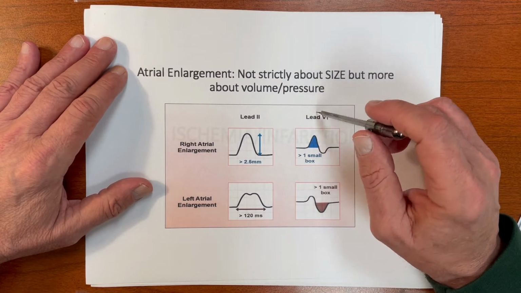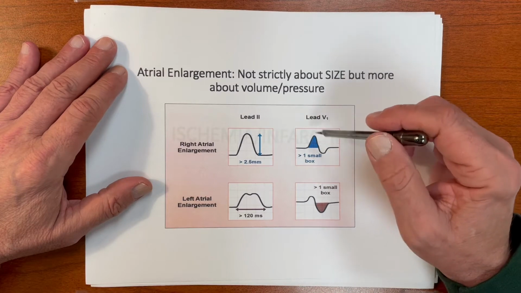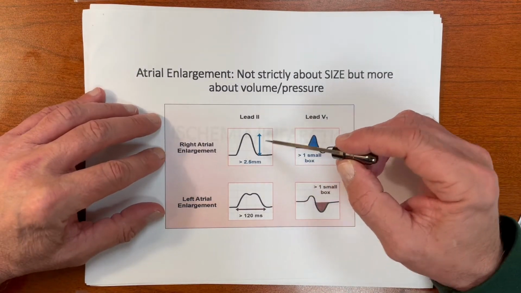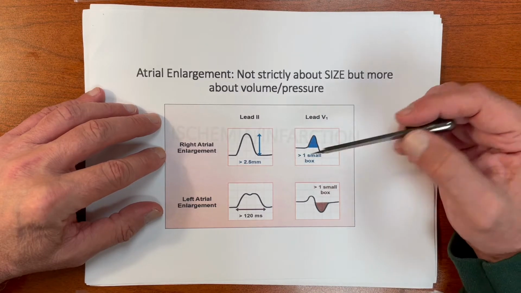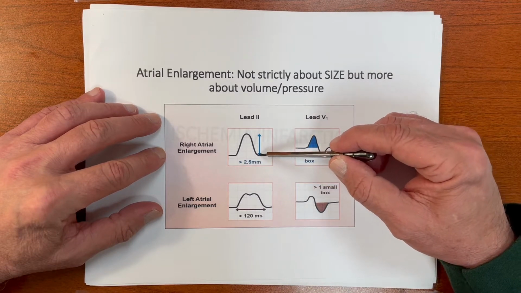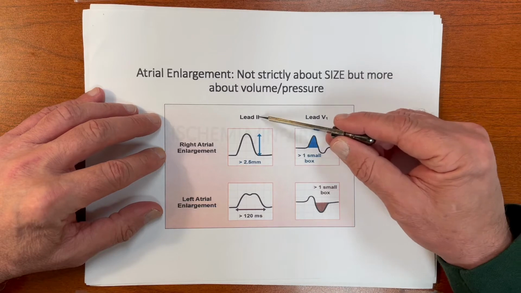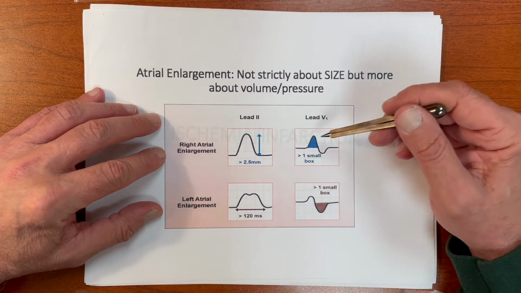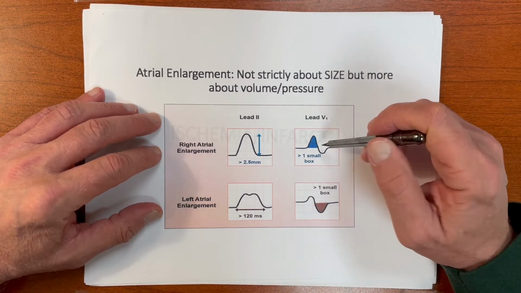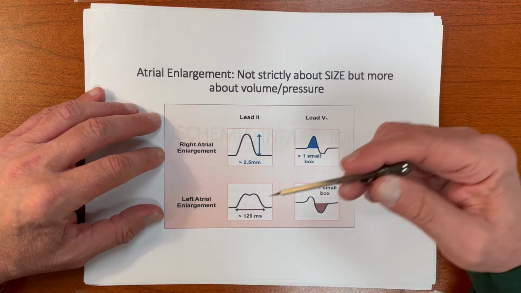Okay, so if we look at this, what do we see? Right atrial enlargement, we talk about height, greater than 2.5 millimeters tall from the baseline to the peak in limb lead 2. And in V1, also tall, greater than 1 small box. When we talk about left atrial enlargement, we talk about width.